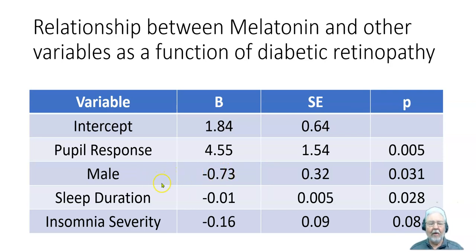So you're controlling for whether you're male or female by adding this in here. So then you can look at the other variables in the context of having removed gender as a confounder. Same way with these others. So multiple regression, very useful.